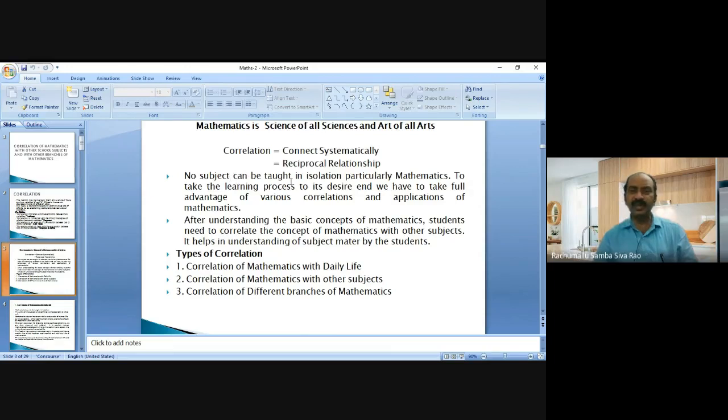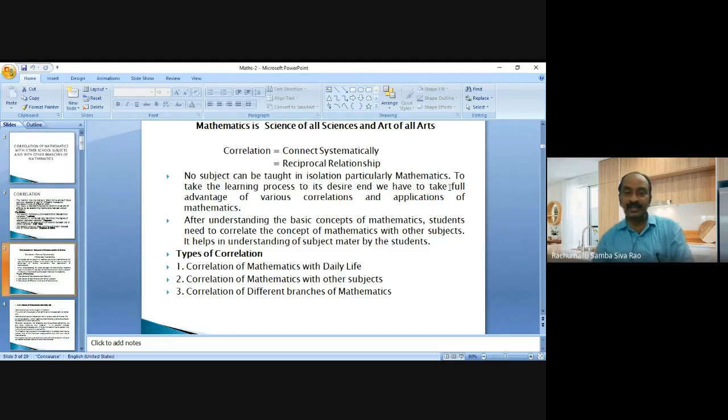No subject can be taught in isolation, particularly mathematics. As we discussed earlier in this class, knowledge is unique. We have divided the knowledge into various subjects for our convenience, to gain the knowledge easily. In that aspect, mathematics especially cannot be taught in isolation.